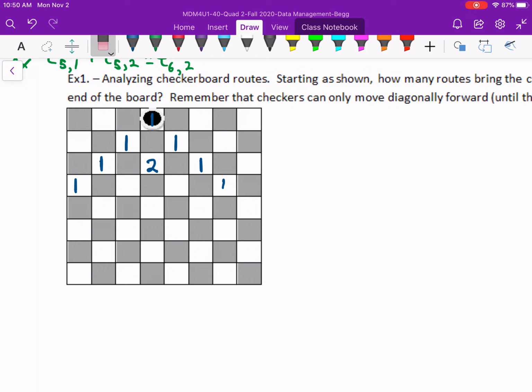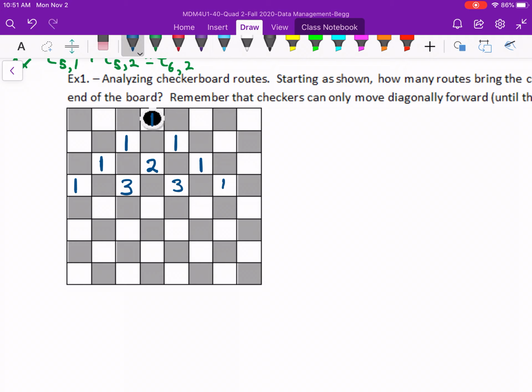But Pascal's triangle tells me there are three ways to get to this square. Well, let's see. We could go this way, this way, or this way. So it turns out that Pascal's triangle is right. There were three ways to get to that square, and there's going to be three ways to get to this square.